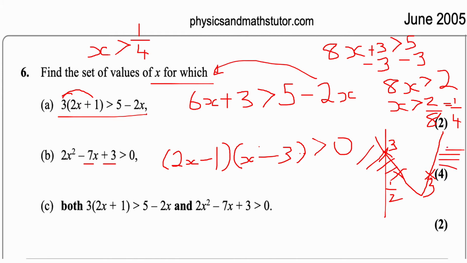That means the set of values it can take will be x is strictly less than 1/2, or x is greater than 3. They will be your two sets of inequalities that satisfy that quadratic.